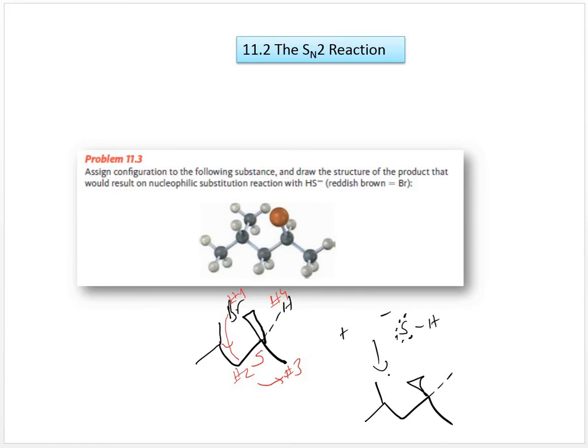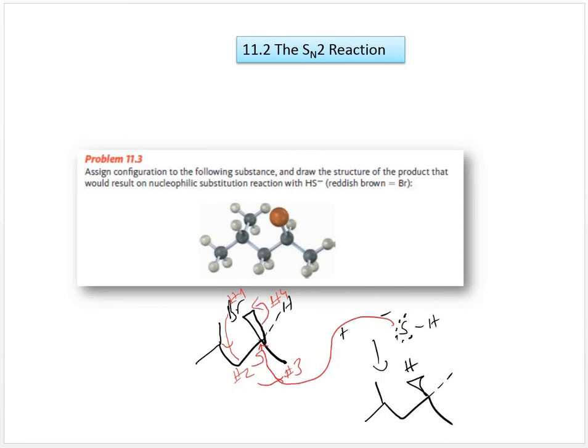It will be inverted. So hydrogen, instead of going inside the plane, has to come out of the plane, and Br, but since this reaction is going to produce a substitution product, right? So what's going to happen? Sulfur is going to attack here, and Br will leave.